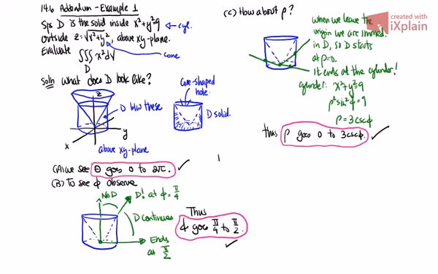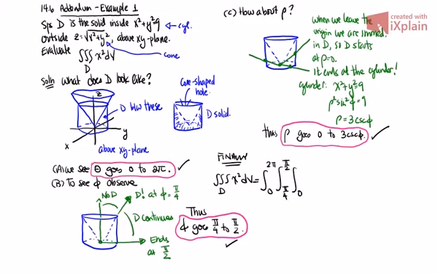So finally, this integral that we want, the integral over D of x squared dV. The outer integral is theta. The next is phi, pi over 4 to pi over 2.